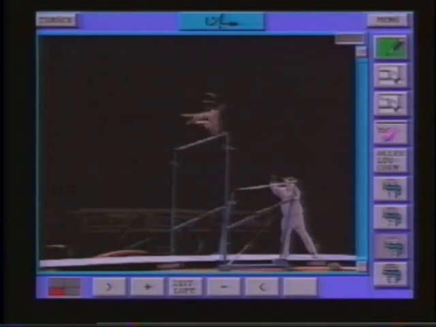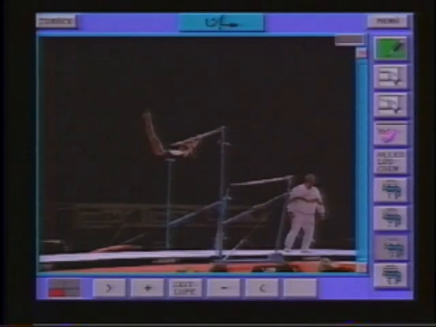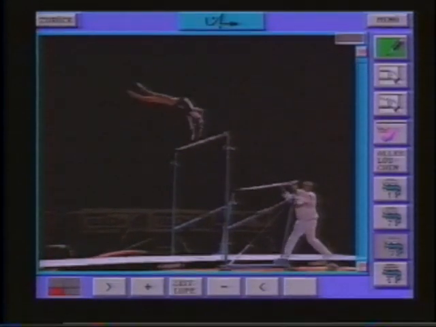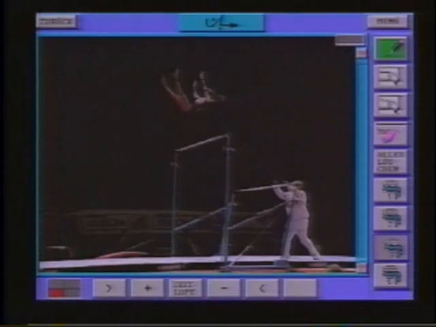Counter tuck, D, no deduction. Flight, shoulder position and stretched arms on grasp, okay, bonus points for extra D. Counter straddle D, deduction for slight right knee fault, minus 0.05.